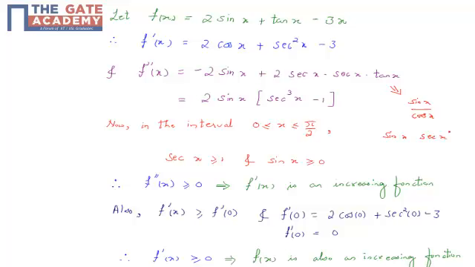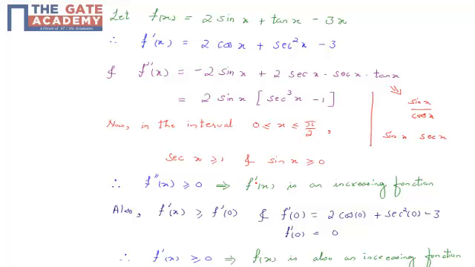Fine. So in the given interval 0 to pi by 2, my sec x is always greater than or equal to 1 and my sin x is also always greater than or equal to 0. So I can say that my f double dash of x is always greater than or equal to 0.